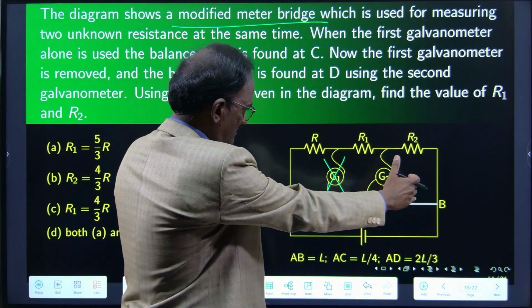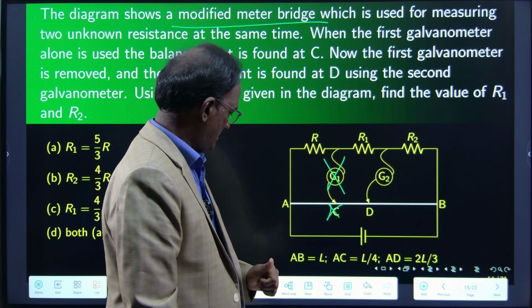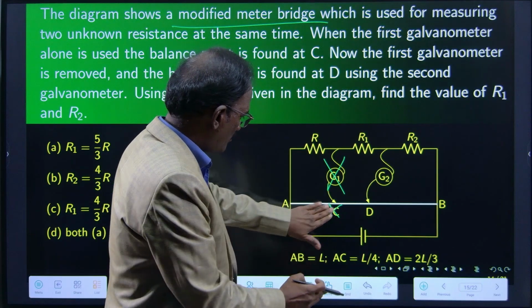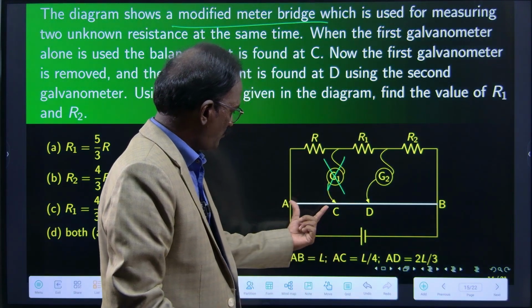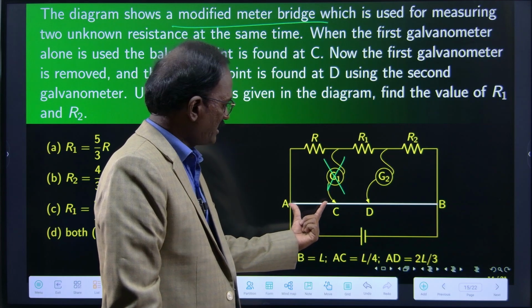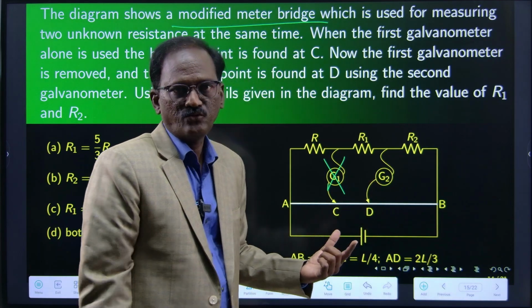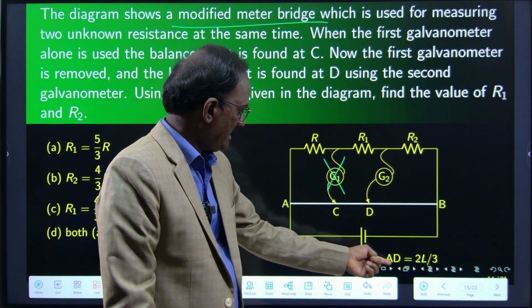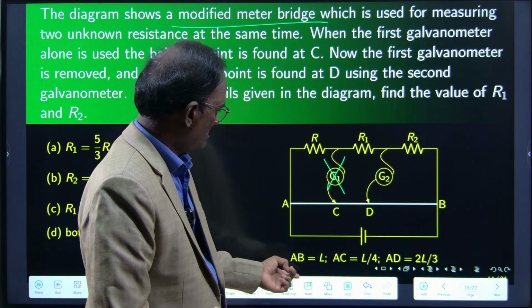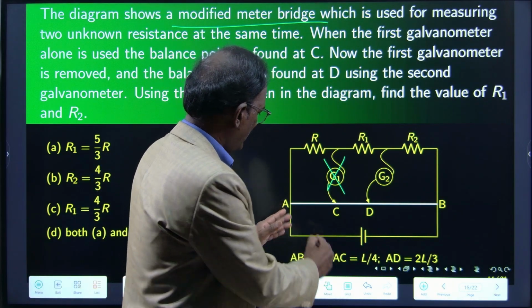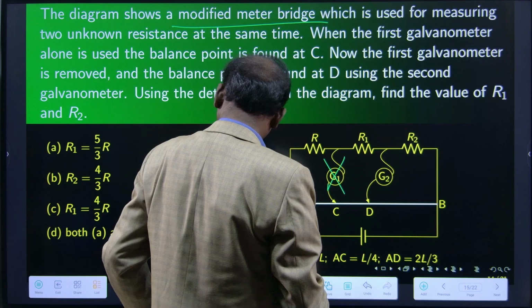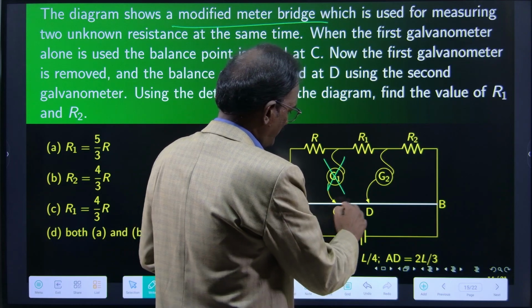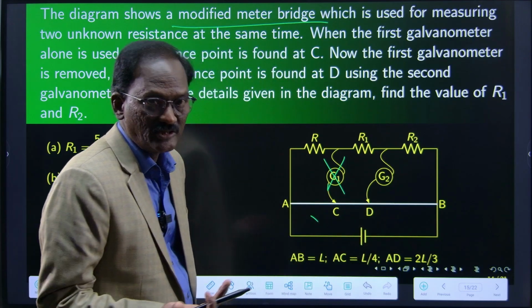AB is equal to L, the length of the wire. AC is equal to L by 4, so CB must be 3/4 L naturally. Then AD is 2/3 of L, so DB must be 1/3 of L.